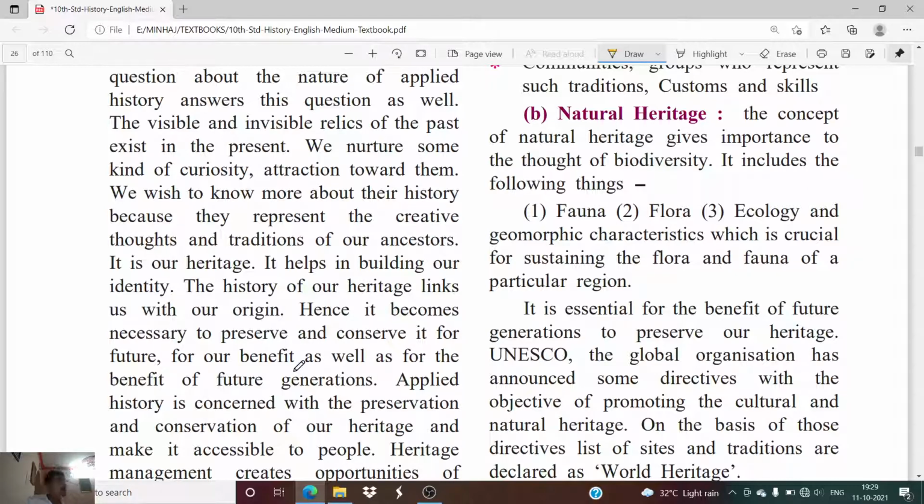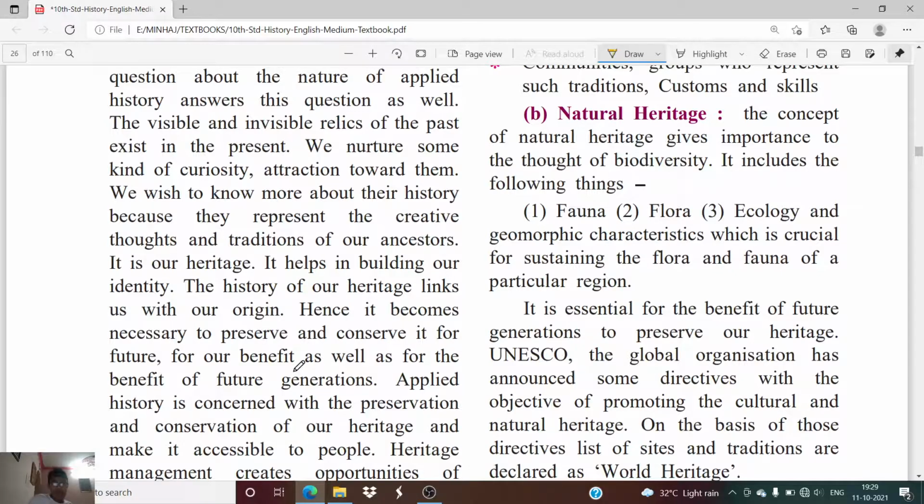Also, we want to propagate the tradition and culture of our own country or region. If we want to propagate anything, we have to introduce and improve tourism, and for improving tourism also we need people. So applied history is also providing employment.